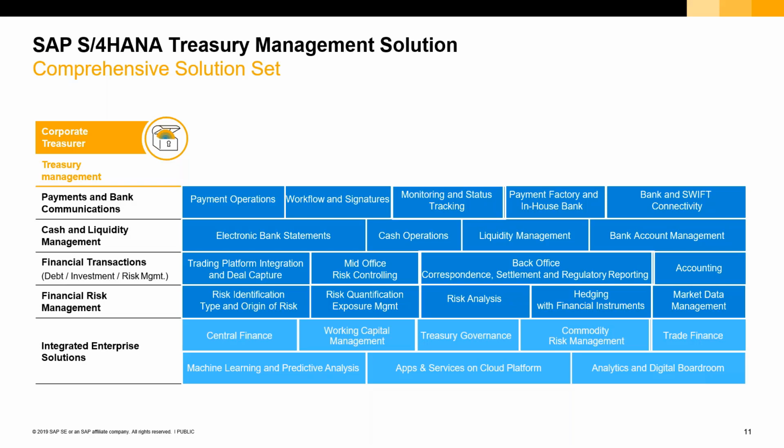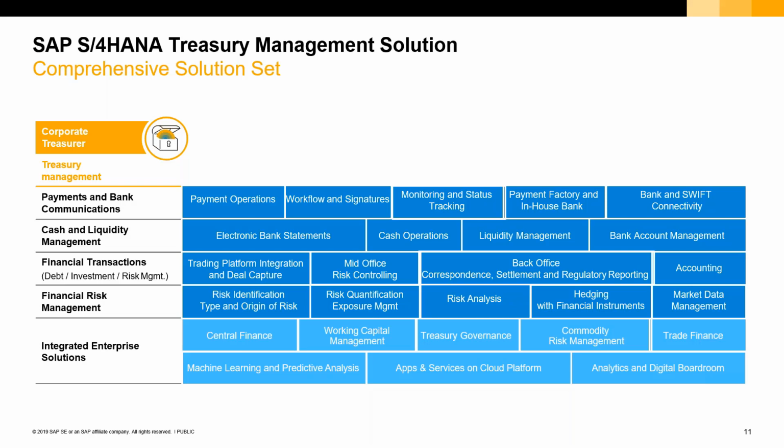It has the engine for your financial transactions for debt, investments, foreign exchange, derivatives, and the risk management functionality to be able to take a look at what your exposures are and manage those risks, what-if analysis and things of this sort.